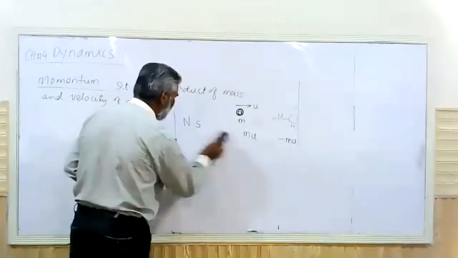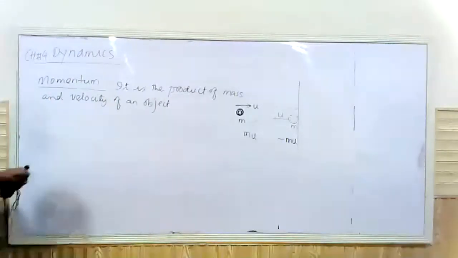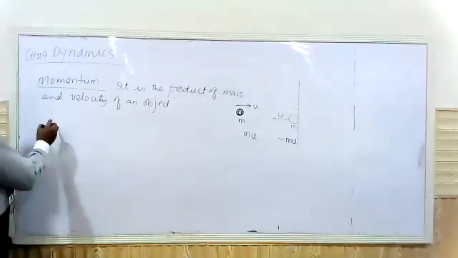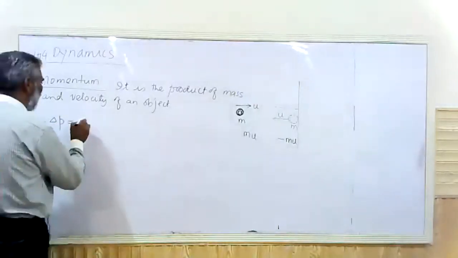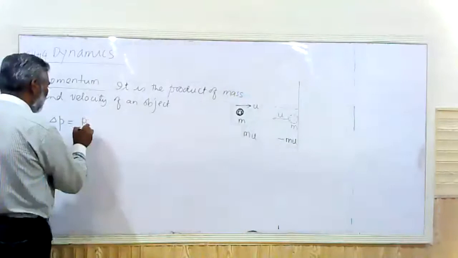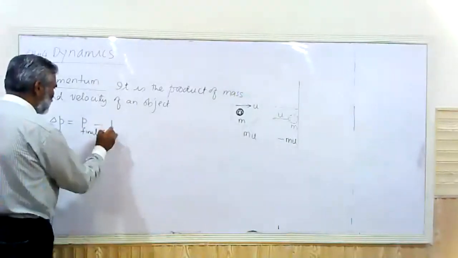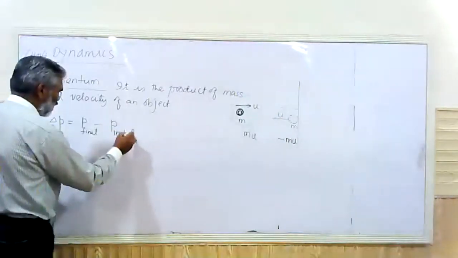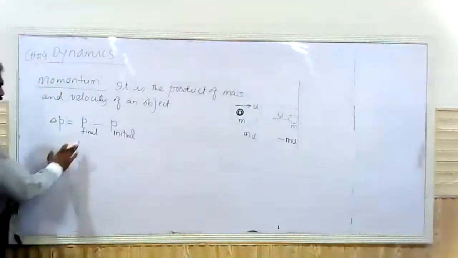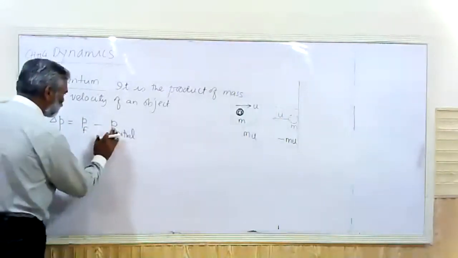From this example, it will be easy to remember that change in momentum is final momentum P final minus P initial, or simply PF minus PI.